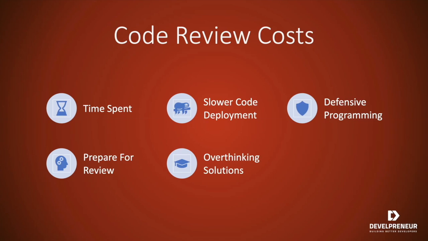Slower code deployment. And that is because typically we're going to do a code review after we've written code. So somewhere from the writing code to the deployment step, we're going to put in a code review process, and that's going to slow the deployment because at some point we're waiting for code reviews to be done and waiting to go through the code review process before we deploy.